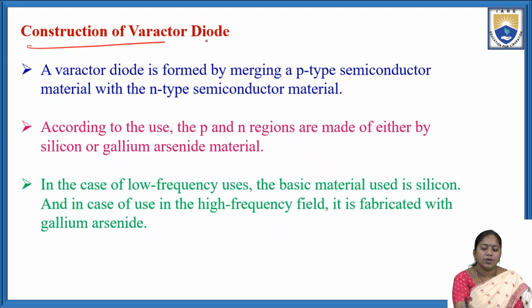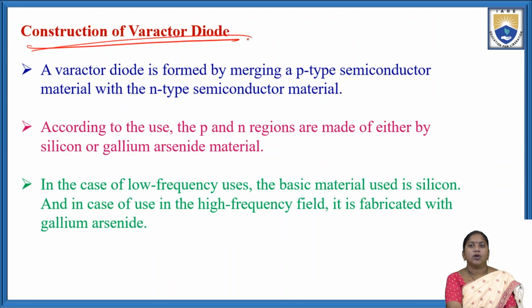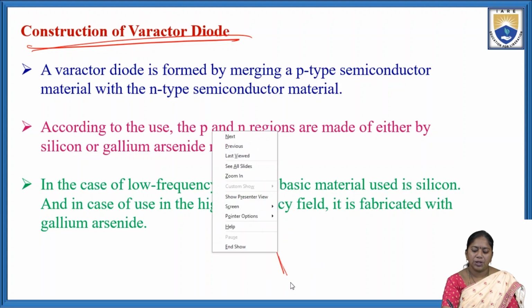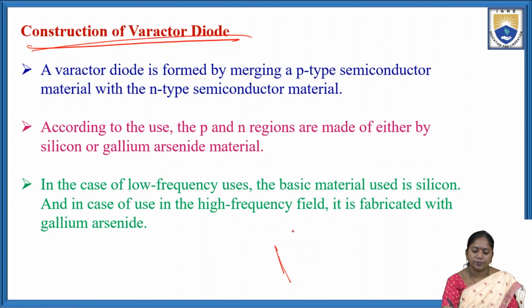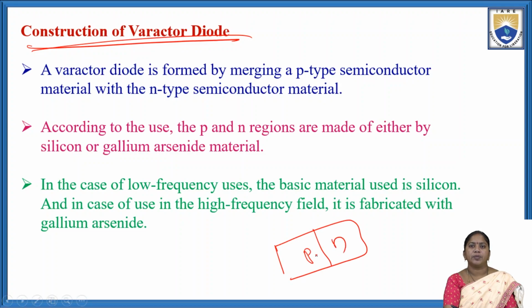Next, construction of the varactor diode. A varactor diode is formed by merging a p-type semiconductor material with an n-type semiconductor material.